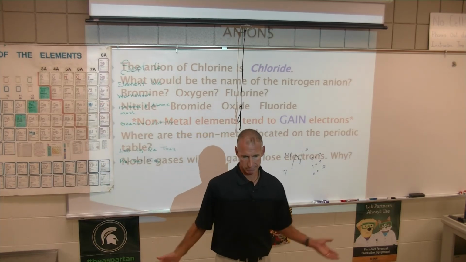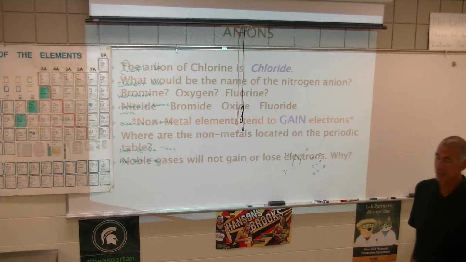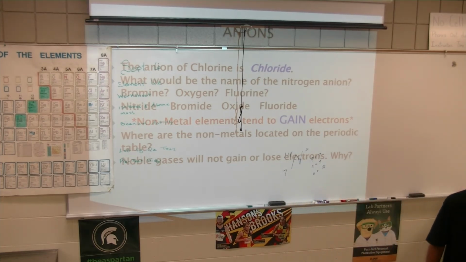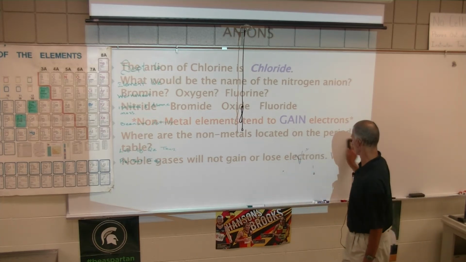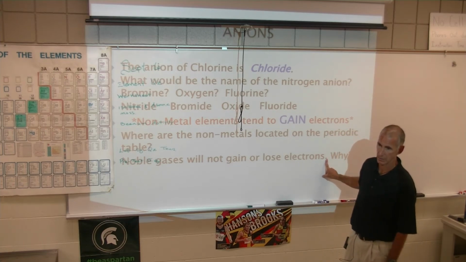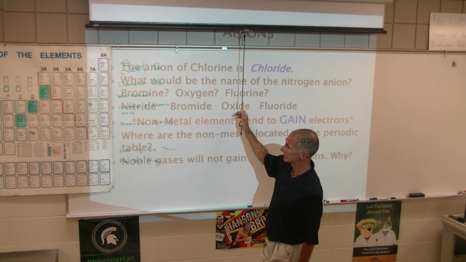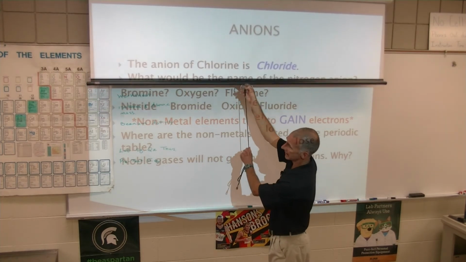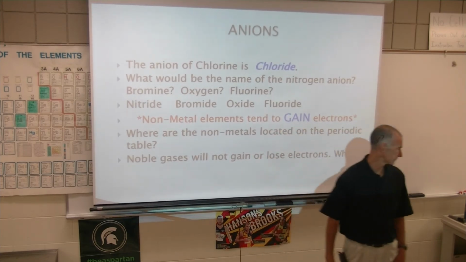If you go back to your chemistry background, you talked about complete shells or energy levels. You've kind of heard that phrase before. We'll talk about that next unit. So the noble gases are not going to gain or lose electrons. They're stable. We'll use that word stable again, so that last column.